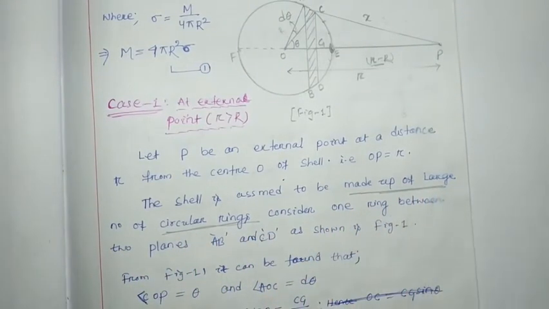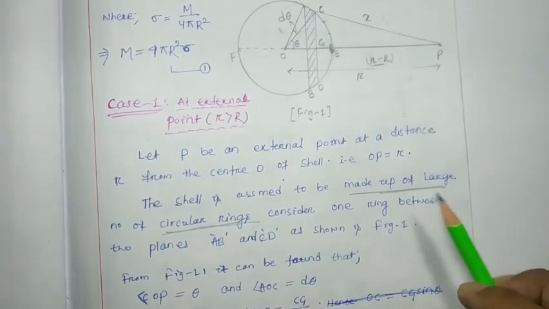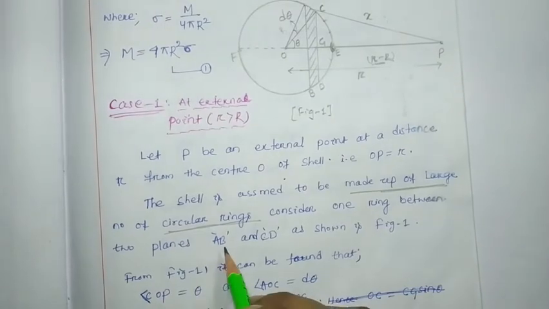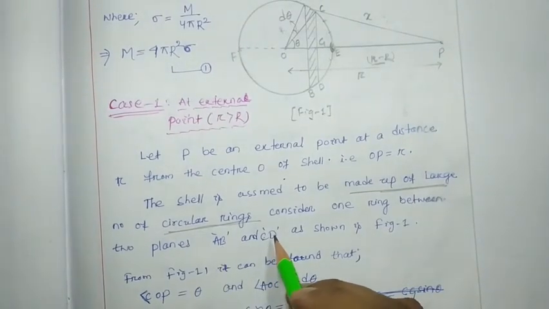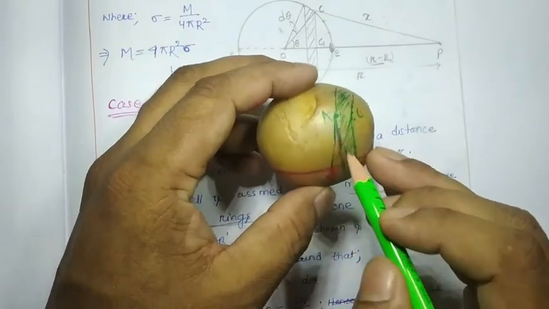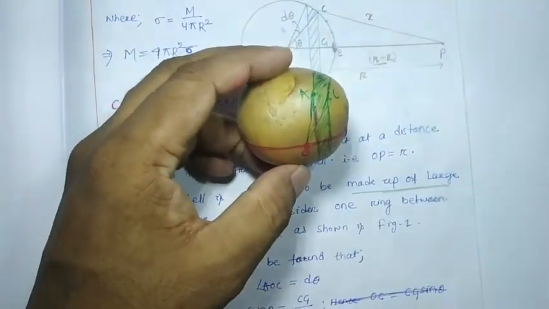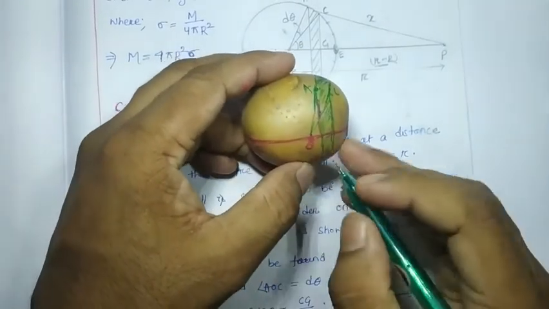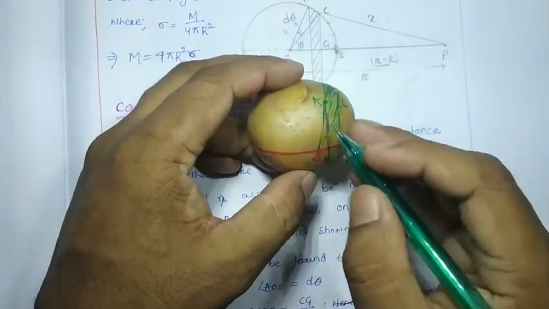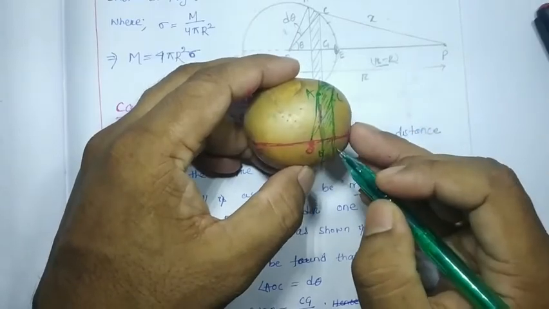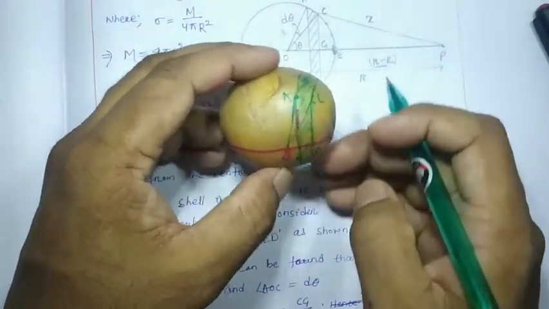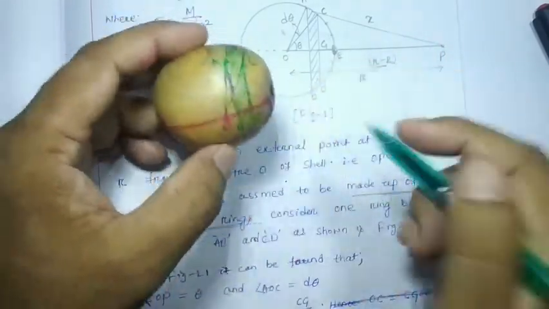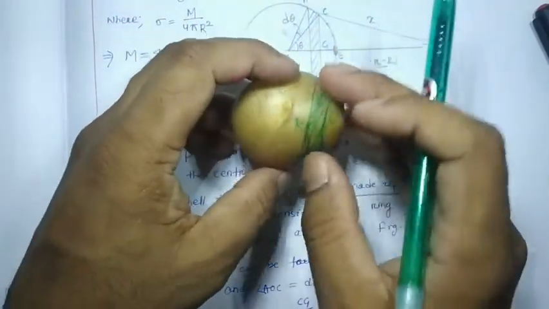Consider one ring between two planes AB and CD. If I cut between the two planes AB and CD, here it is in the 2D plane, and this is in 3D.